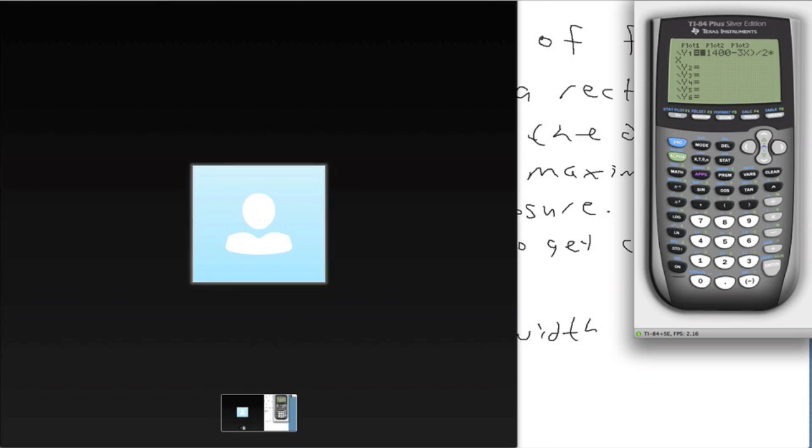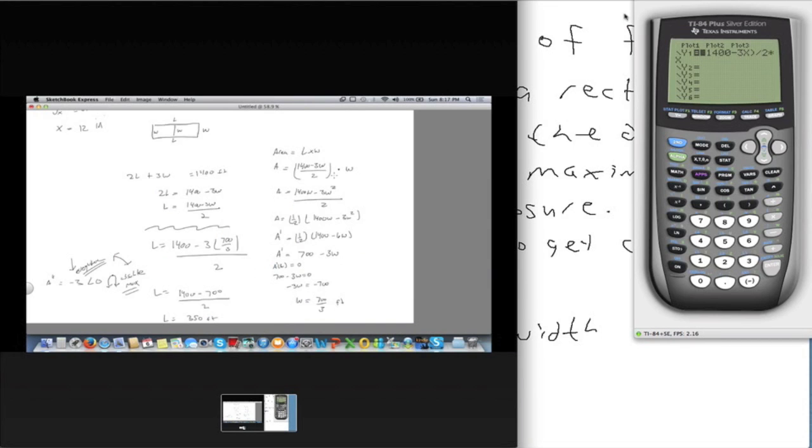which I'm going to graph. I should graph. I'm trying to graph the area function. Good. And it's not working too well for me. What's happening?